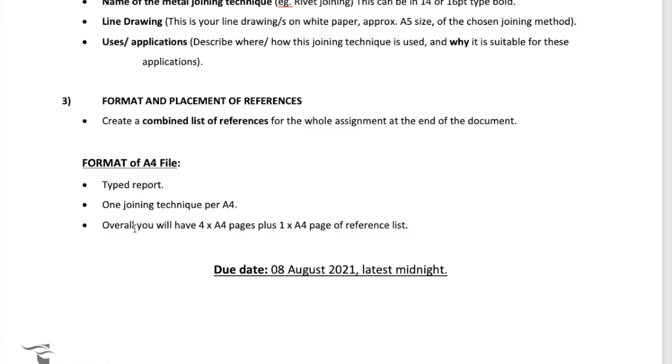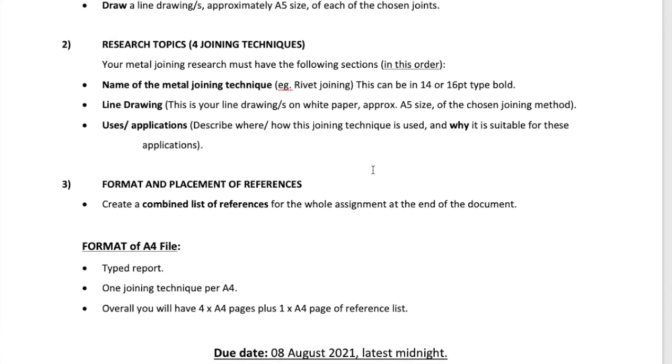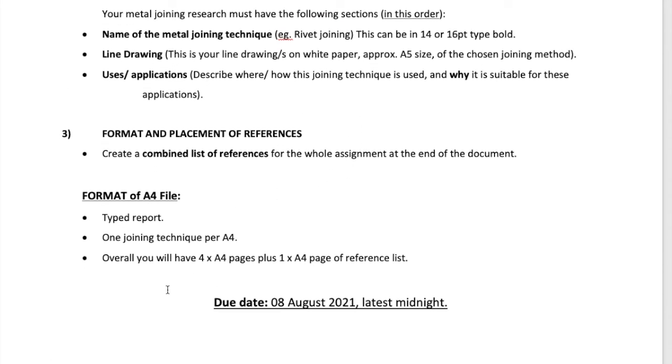What you have to hand in will be a typed report, with roughly one joining technique per A4, made up of these requirements, and in total there will be 4 A4s because you have 4 joints, and then there will be a page for references at the end.